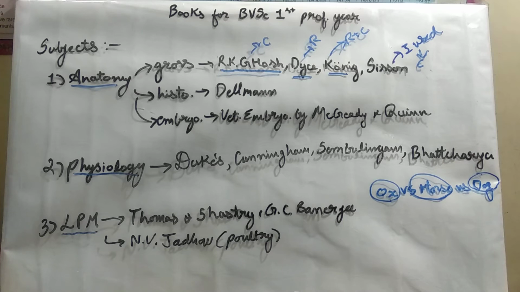For lab animals, we can take the example of rabbit, and for birds, the avian portion of veterinary medicine, we can take the example of chicken. These were the 5 or 6 animals that were taught in our college. So this is comparative anatomy. You are comparing between different species.